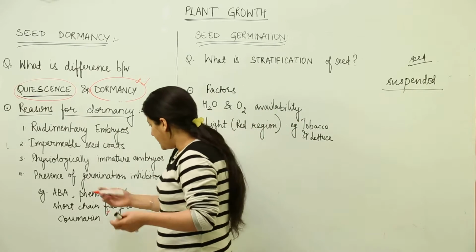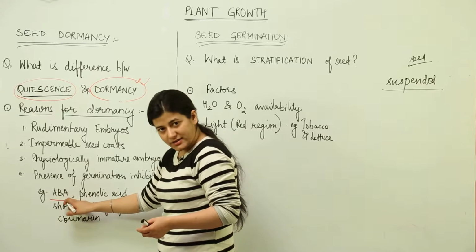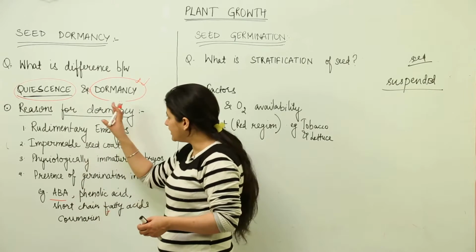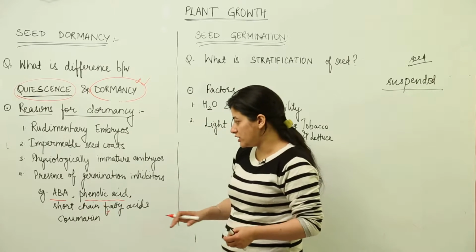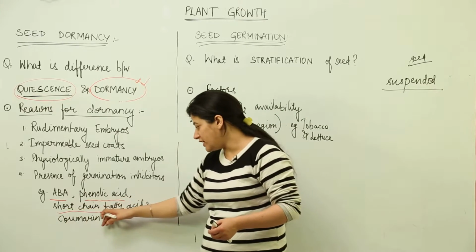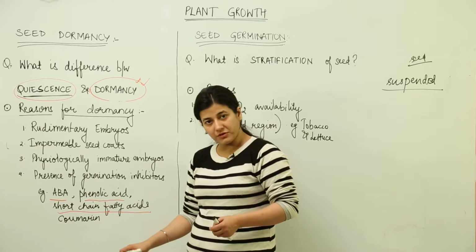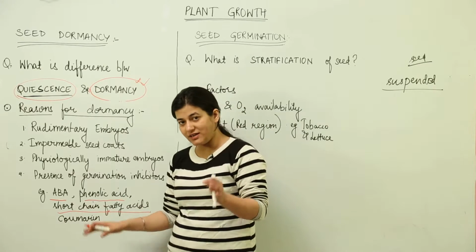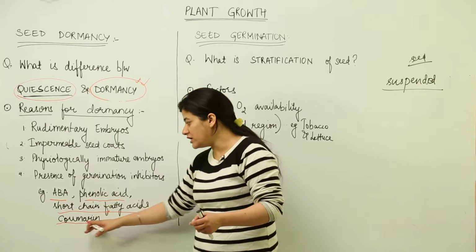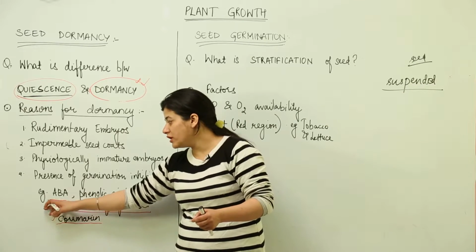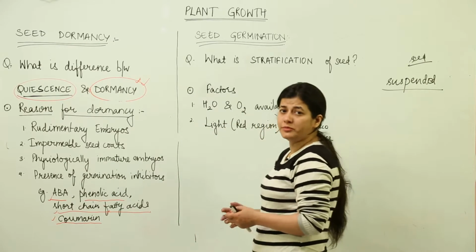The inhibitors are abscisic acid, which is responsible for making the seeds dormant. Then there is phenolic acid, which is again a germination inhibitor. A few short chain fatty acids are also responsible for inhibiting the germination of the seed and keeping it dormant for a longer period. And a compound known as coumarin is also responsible for the inhibition of the germination process.